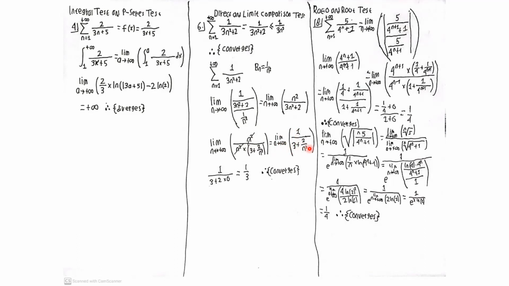Then we need to evaluate the limit, so it will be 1 over 3 plus 2 times 0, so it will be 1 over 3. So it converges because the limit is finite and positive. Alright, that's for number 6. Let's move to number 18, ratio and root test.